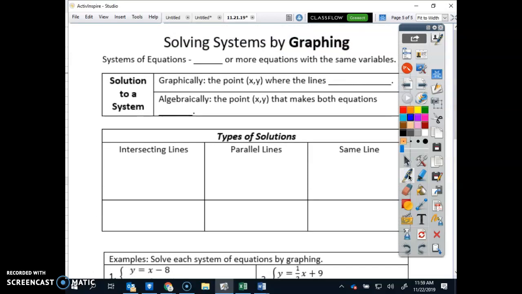If you remember, a system of equations is when you have two or more equations with the same variables. We can find solutions to these systems by different methods. We learned how to do it by substitution, by elimination, and graphing them. Graphically, the solution to a system of equations is the point where the lines intersect.